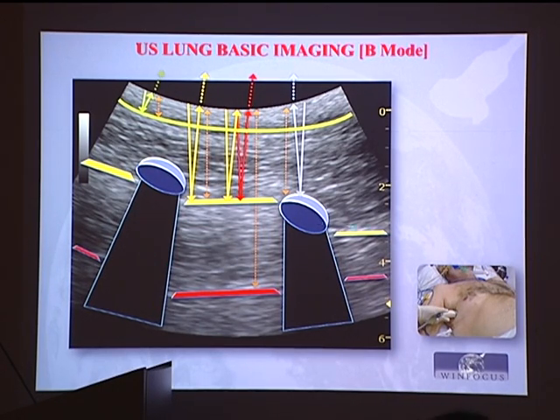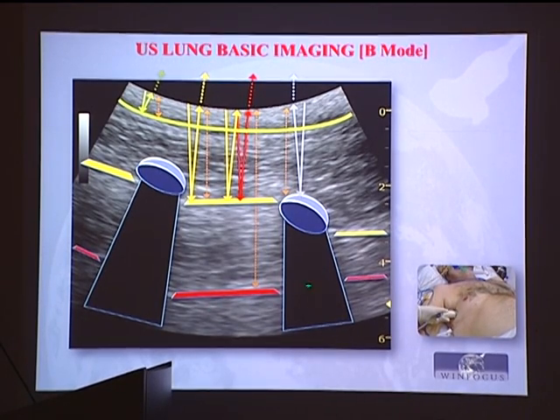So what you see here is an anatomical structure. What you see here does not exist. It's just an effect of this reverberation. We'll call this the pleural line, composed of visceral and parietal pleura and subpleural air, and we'll call these lines A lines. A lines, just to help you remember, could be something like air lines.